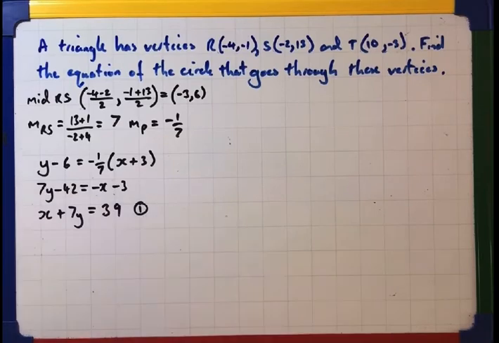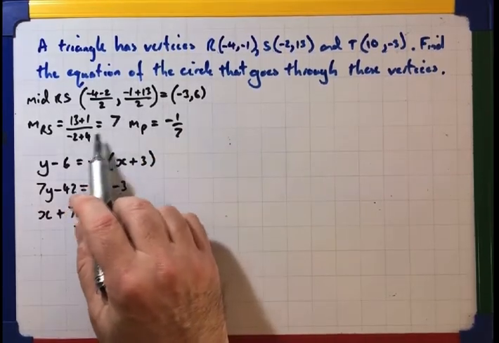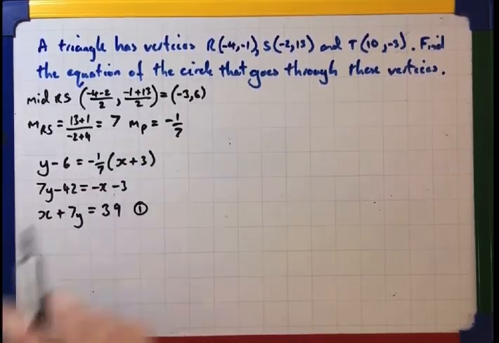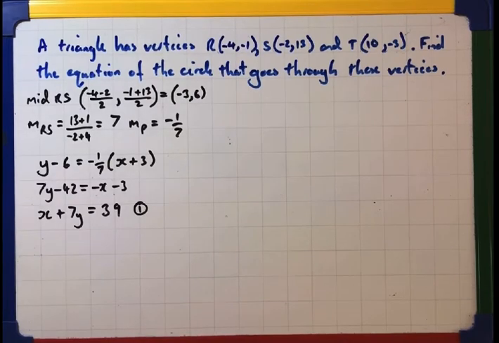So we'll call that equation 1. That's the perpendicular bisector of RS. Remember, midpoint, and work out the gradient perpendicular to that. And y minus b equals m, x minus a.